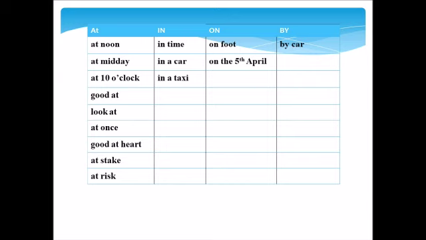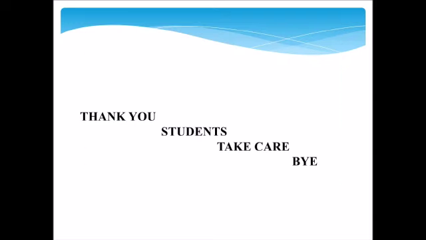The fundamental difference between on and by here is that we don't use an article with by. We can't say by the car. Yes, we can say on the car, in the car, on the bus, on the train, but we can't say by the car, by the train, by the ship. We have to use them without article: by car, by sea, by ship, by land.